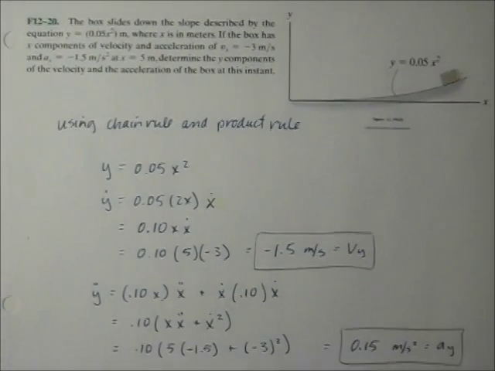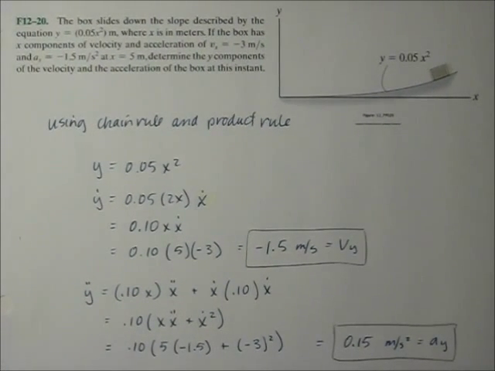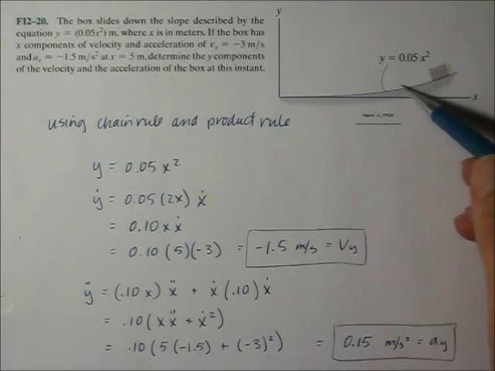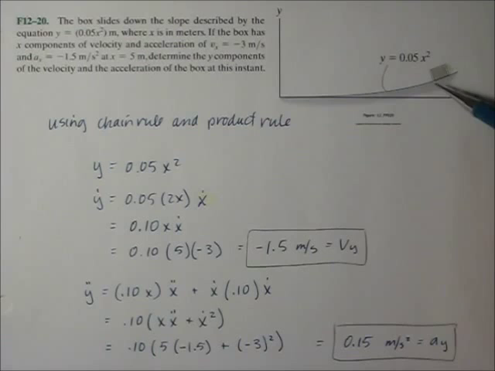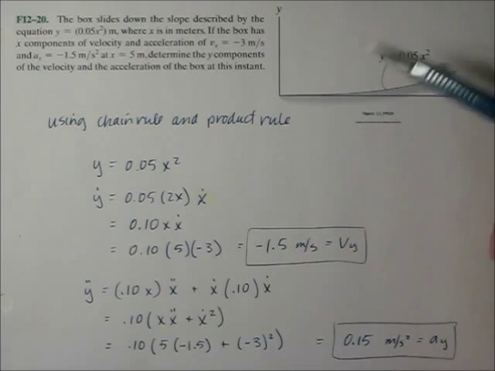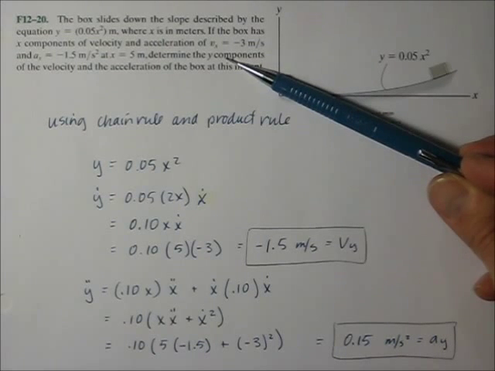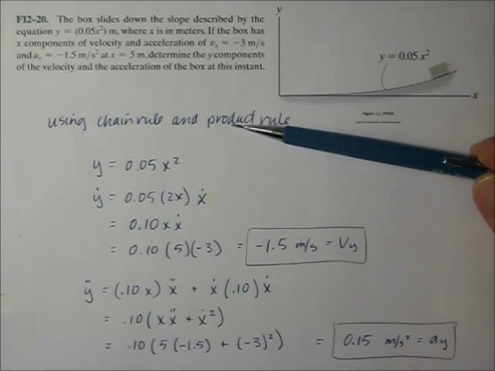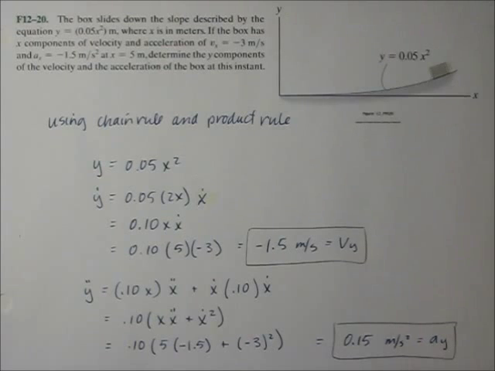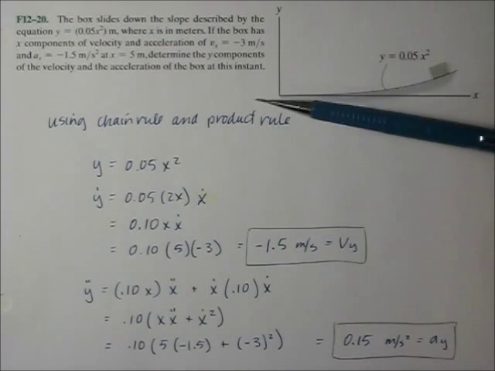Another way of doing this problem is to use the chain rule and the product rule. So again, we've got a velocity coming down the hill, given as before. If I want to find the components of velocity and acceleration, and we're looking for the y components, I can use the chain rule and the product rule. So y is equal to 0.05x squared.